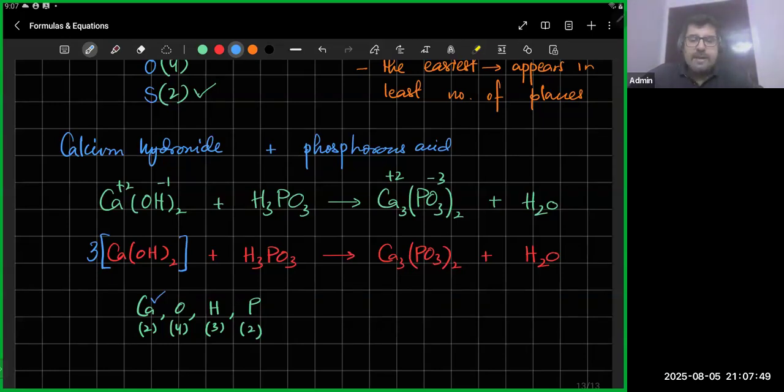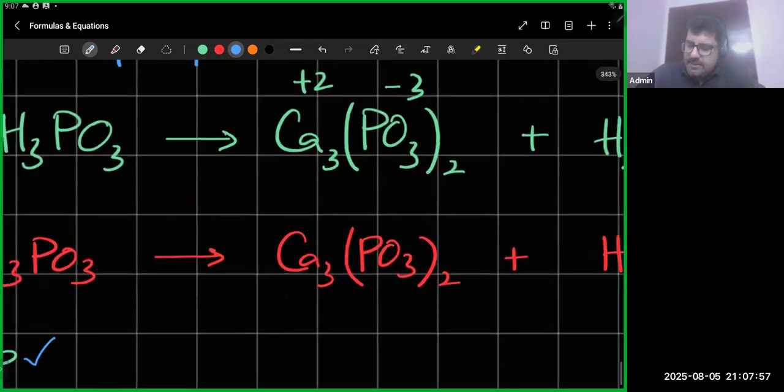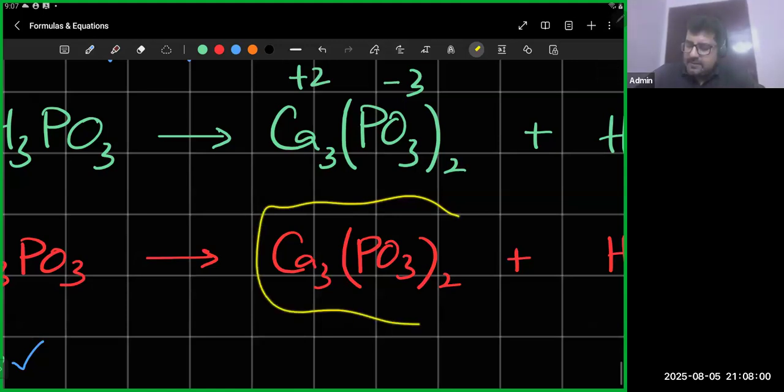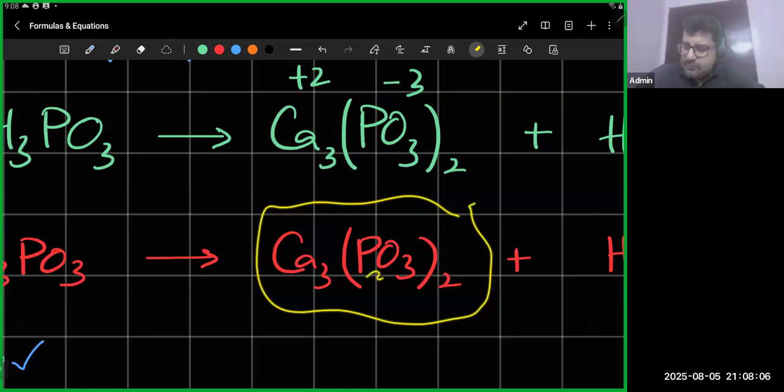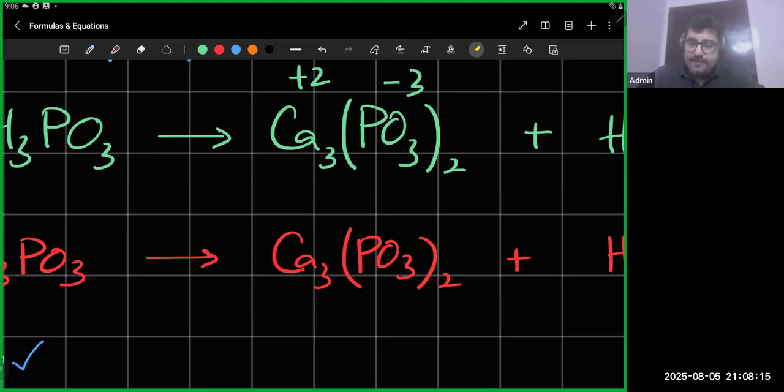Next one, who should I balance? I'm going to balance P then, right? Okay, that is easy. So कौन बताएगा how many P's do I have over here? Two, क्योंकि PO3 has just one P, right? So inside the bracket there's only one P, and it's becoming twice, so that means there are two P's. Oxygen is 6, because there were three oxygens inside the bracket and it's twice.